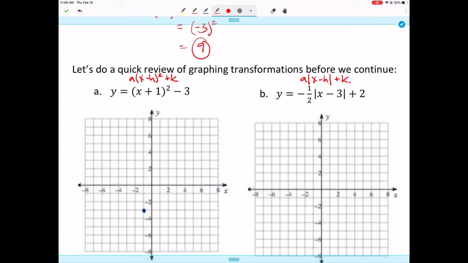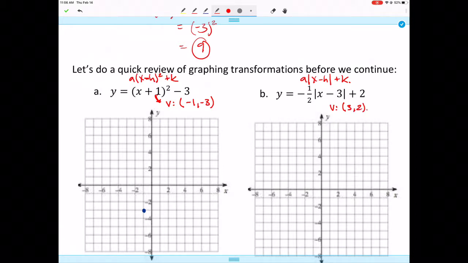So if we wanted to find out what the vertex is here, where vertex is h comma k, we would have -1 comma -3. Because when you plug something in, or plug something out of a parentheses, it will switch the sign. Okay, because it's already negative in our equation. Okay, same with b. What would be our vertex? It would be 3 comma 2.